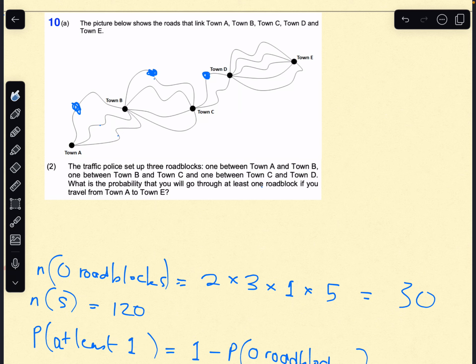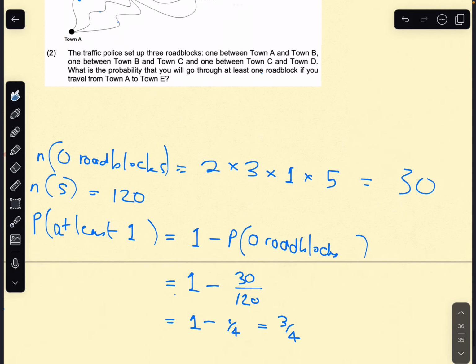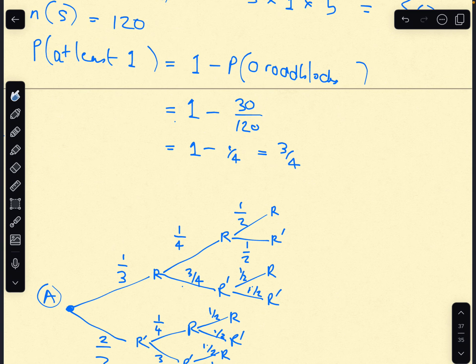So for this one though, none of the routes have a speed block, so we don't have to put in a complement because that will be 0. So let me just write that out so that it's clearer. So we could bump into a roadblock.